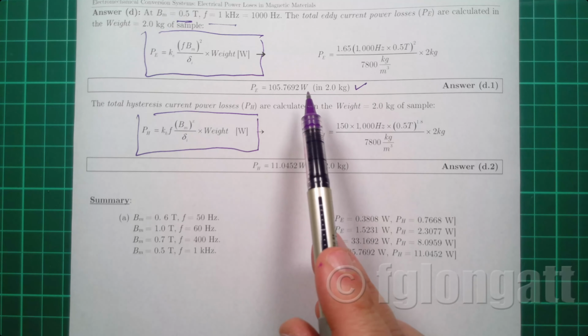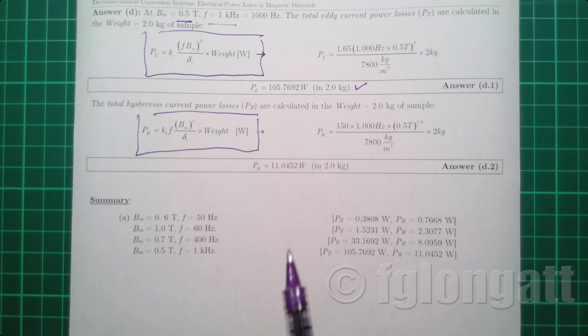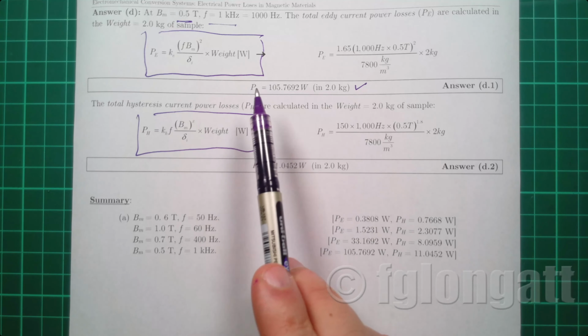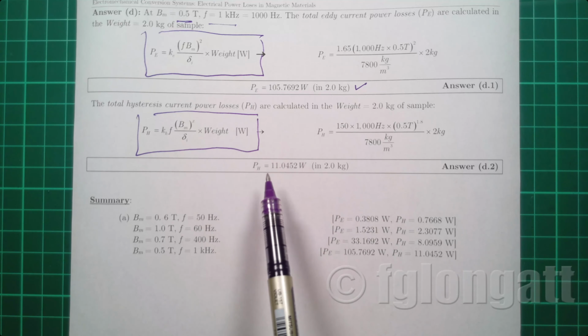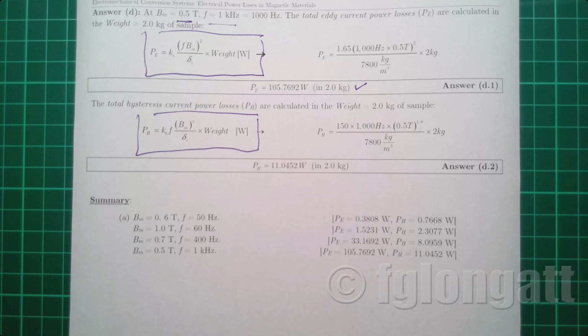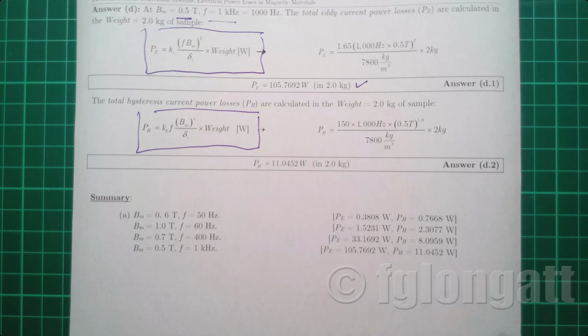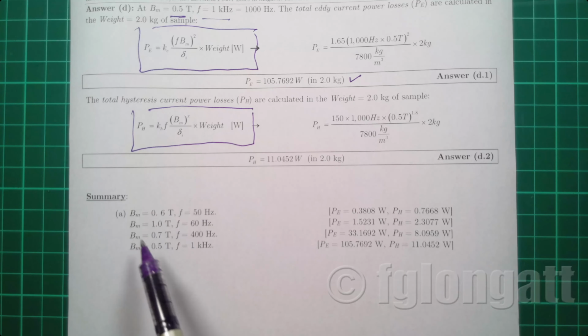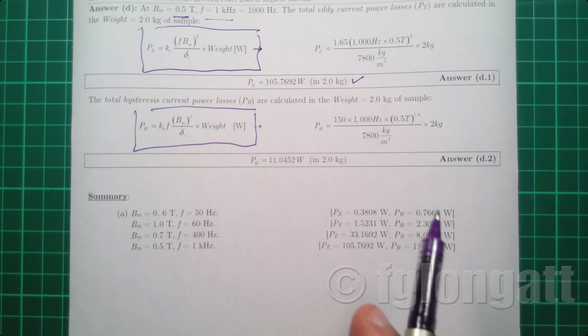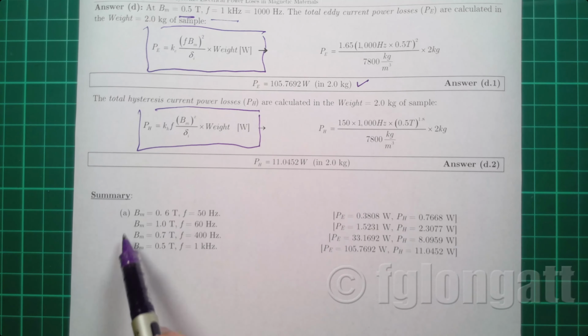And here you can see the hysteresis power losses, and in this case is 11 watts. So as you can see now, the eddy current losses are almost 10 times higher compared with the hysteresis losses.